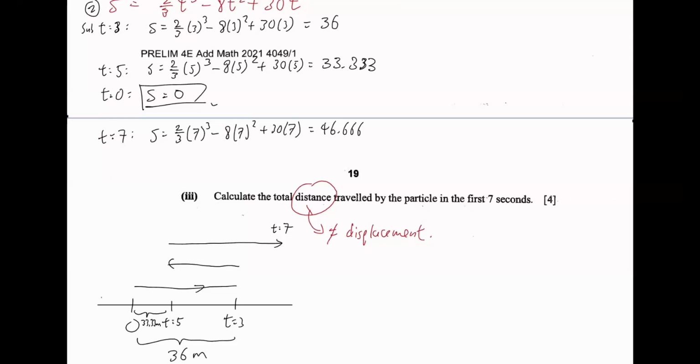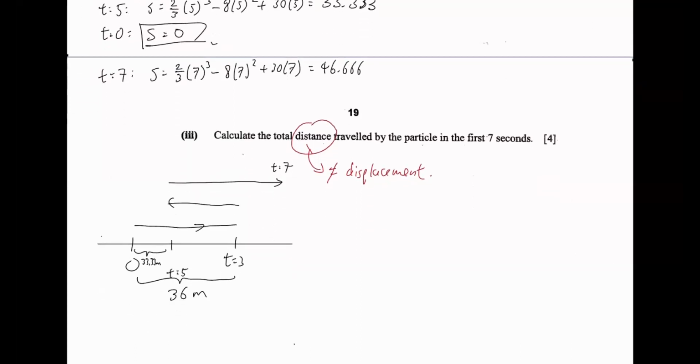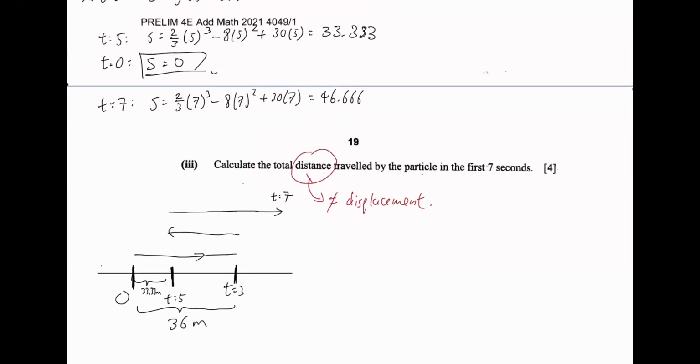Okay. Maybe let me just bring it down a bit so it looks a bit nicer. And then t equals to 7 becomes s equals 46.6. So from here to here, 46.6 meters.